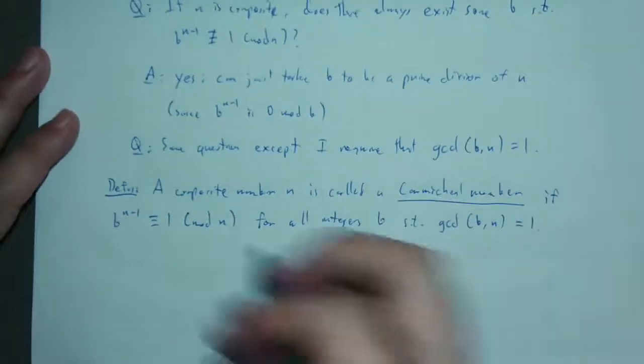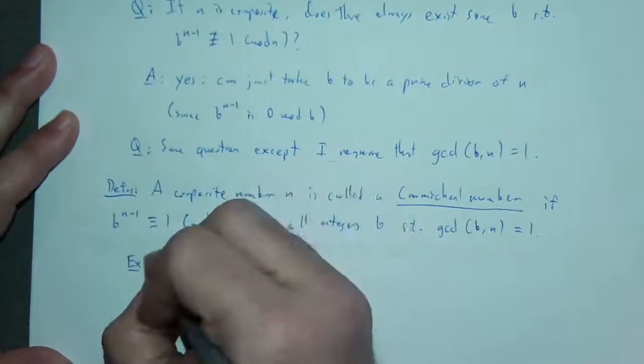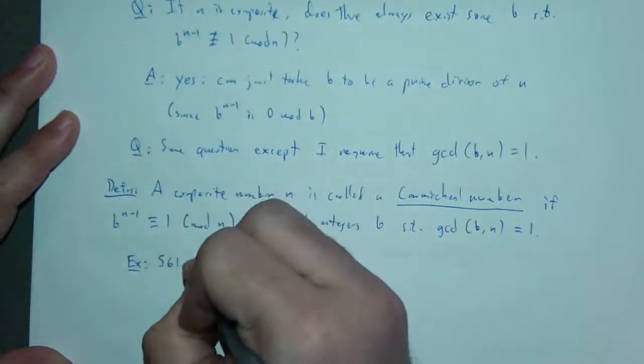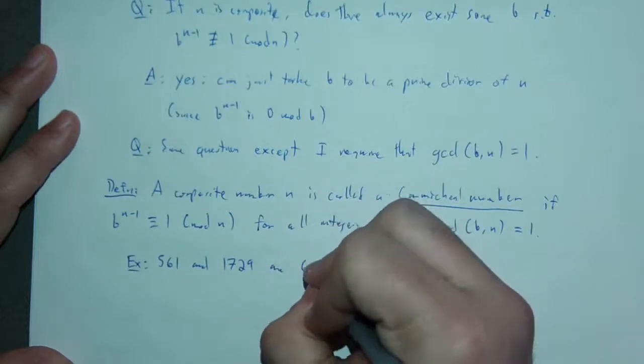Okay. So here are some examples. 561 and 1729 are Carmichael numbers.